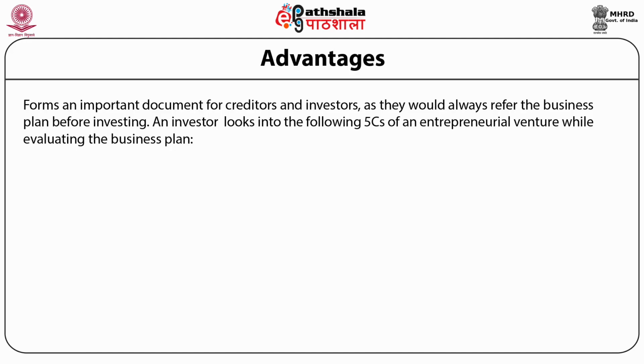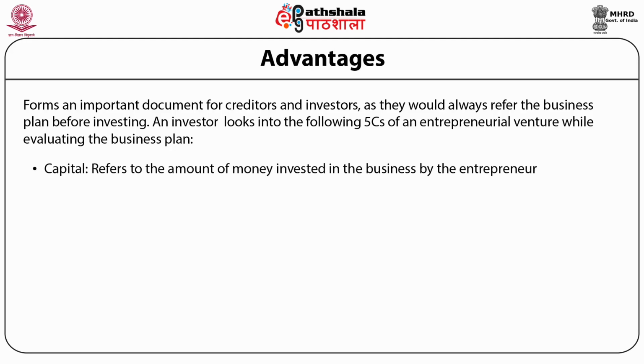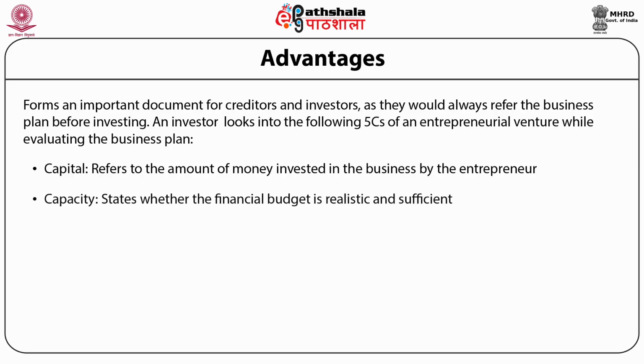An investor looks into the following 5 C's of an entrepreneurial venture while evaluating the business plan. The first C is capital. It refers to the amount of money invested in the business by the entrepreneur. Second C is capacity. It states whether the financial budget is realistic and sufficient. Third C, collateral.